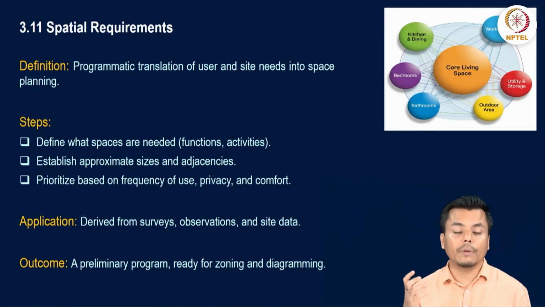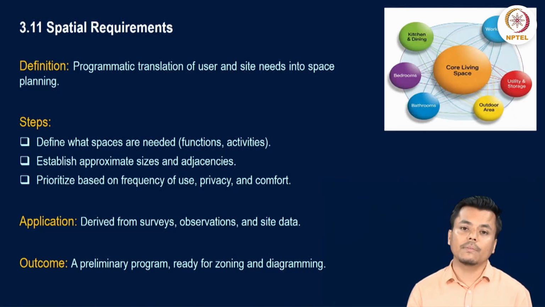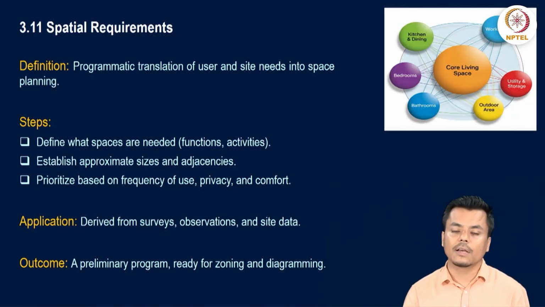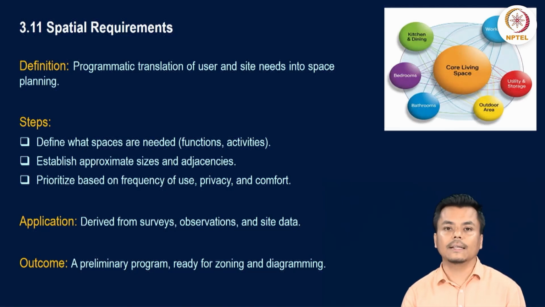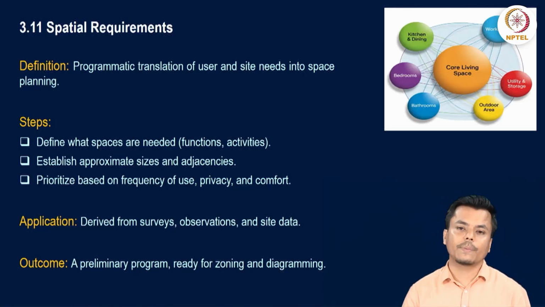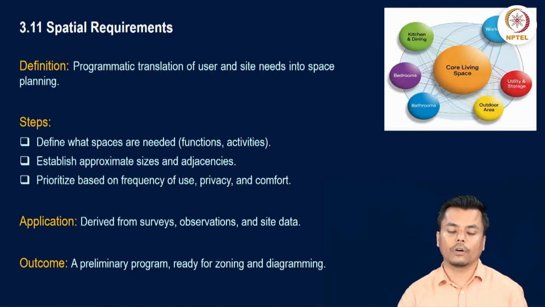How much should be the minimum space, how much should be the maximum corridor width, and all this information about the project can be gathered from your literature review as well as from your case study details. These will help you develop your spatial requirements for the selected project.